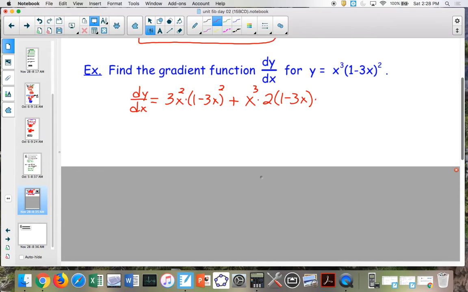Wait a minute. This second function is going to require the chain rule. So first I take the derivative of something squared, and that's 2 times something to the first, and then times the derivative of that inside function, 1 minus 3x, and that's a negative 3.